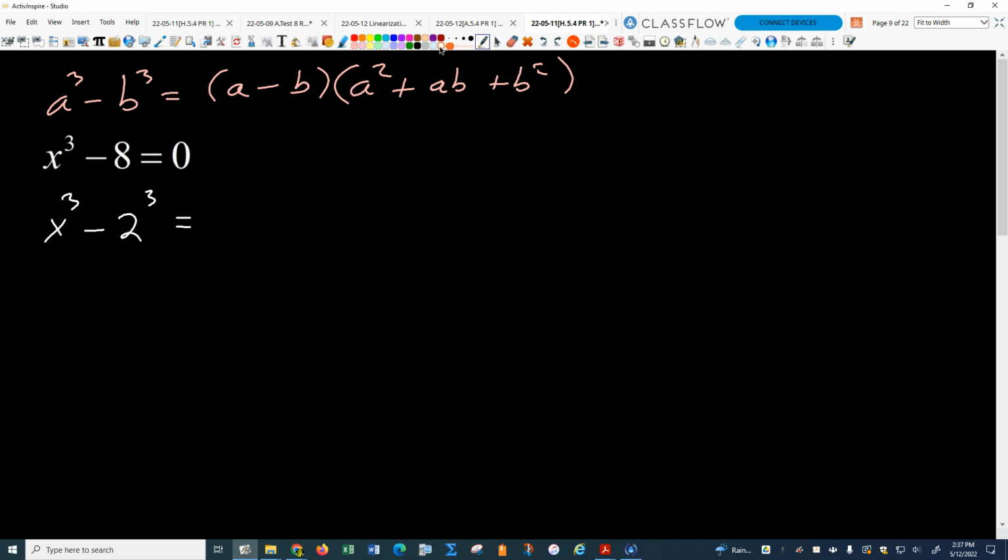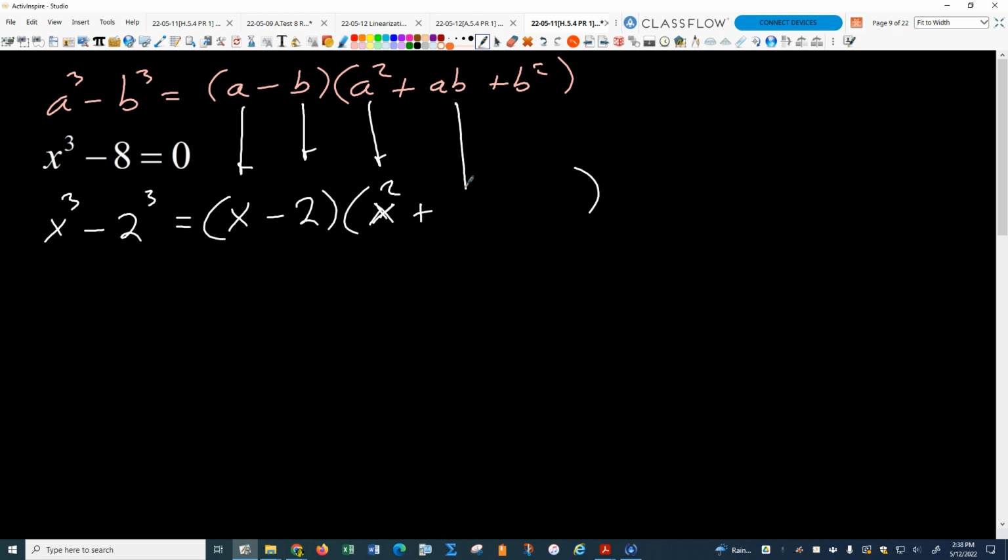So we end up with x minus 2, right, times x squared plus, what would a times b be there? 2x, right? X times 2 we would write as 2x plus 2 squared, which is 4, yeah.